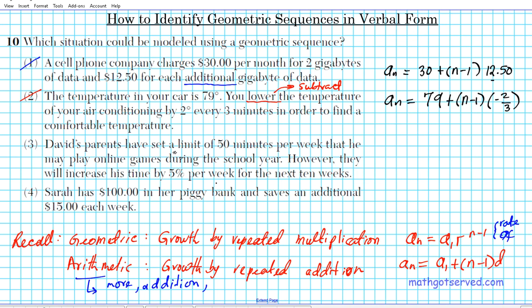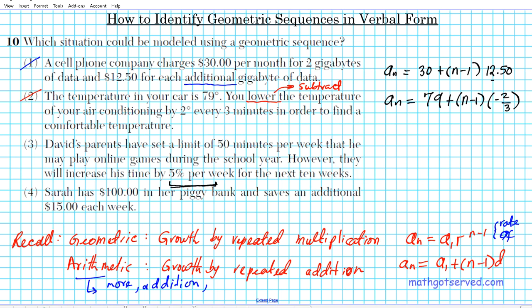Alright, number 3. David's parents have set a limit of 50 minutes per week that he may play online games during the school year. However, they will increase his time by 5% per week for the next 10 weeks. Is this a geometric sequence or an arithmetic sequence? You have 5% per week.